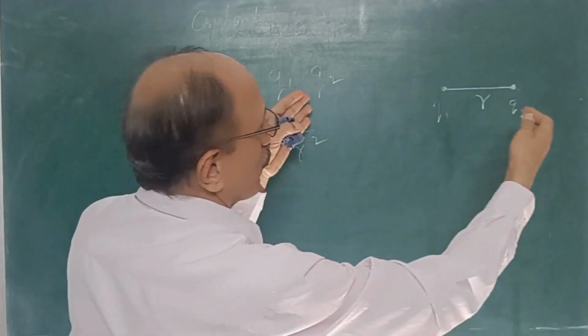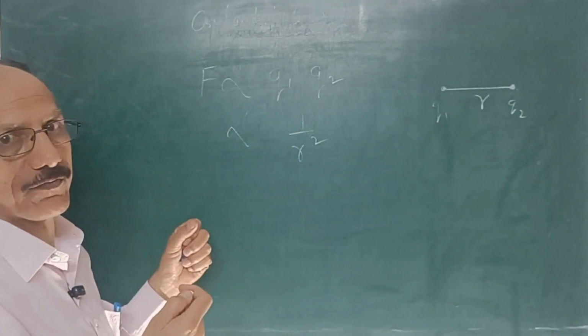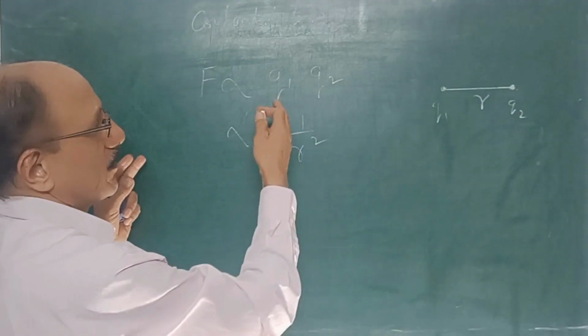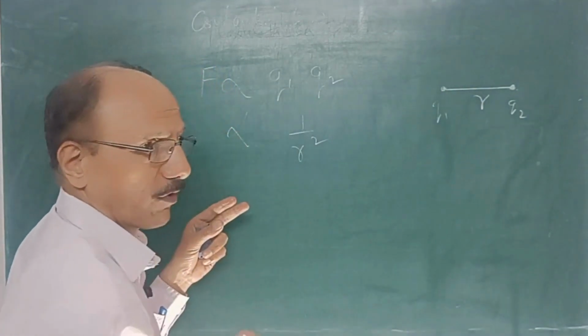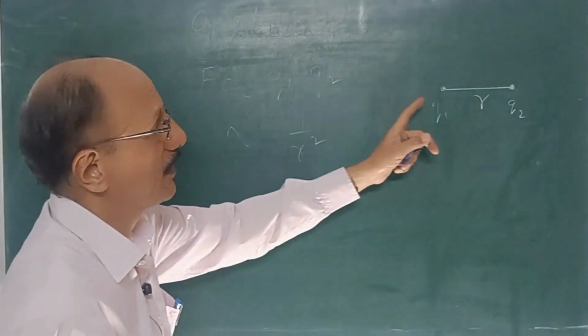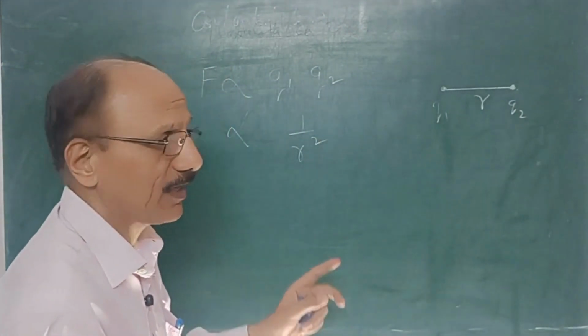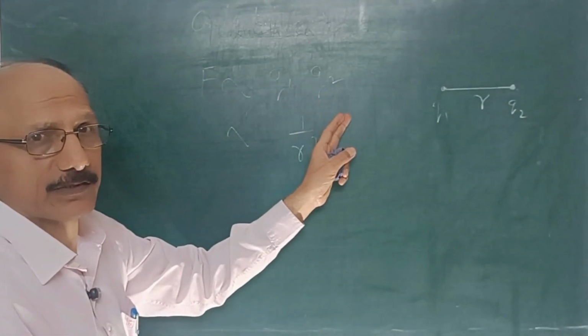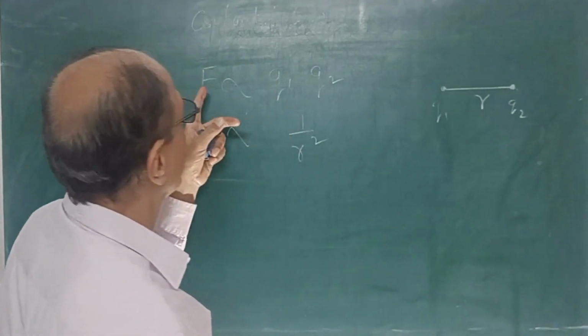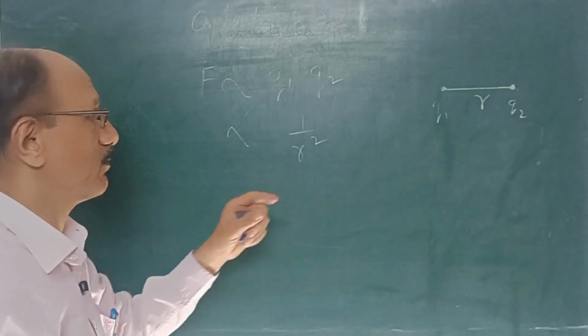If the charges are close to each other, the force of interaction will be large. If the charges on the bodies are more, the force of interaction will be more. If the magnitude of charges is small, the force will also be small. If the distance is large, they are far apart, then the force of interaction will also be small.